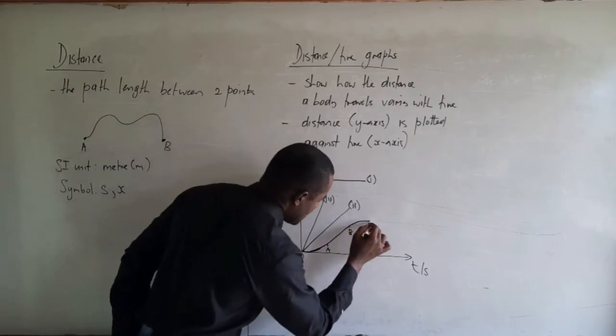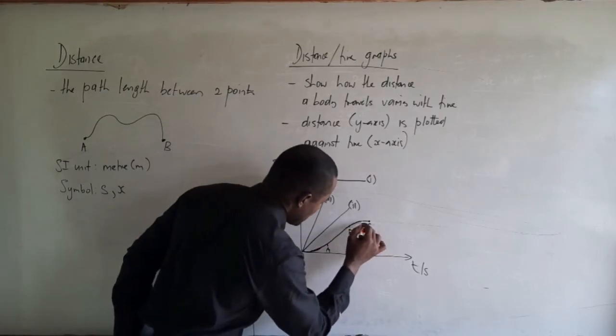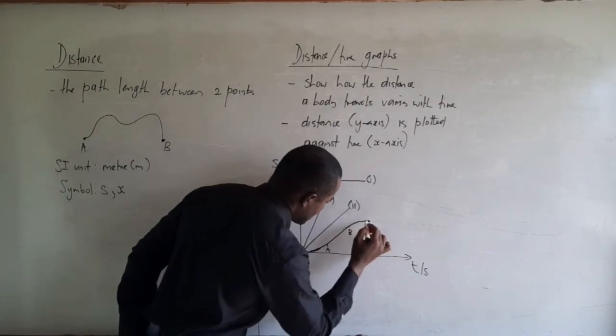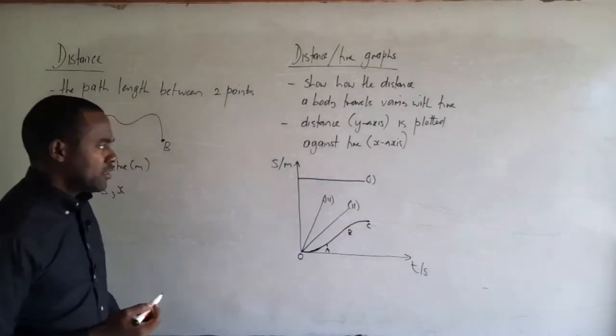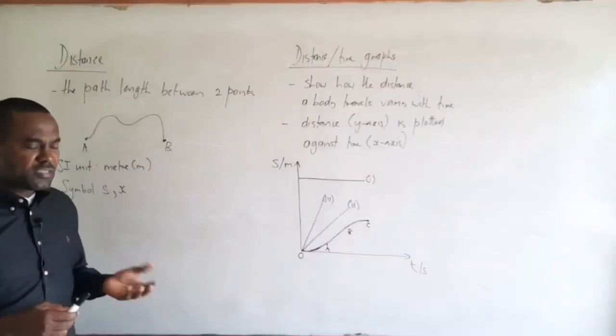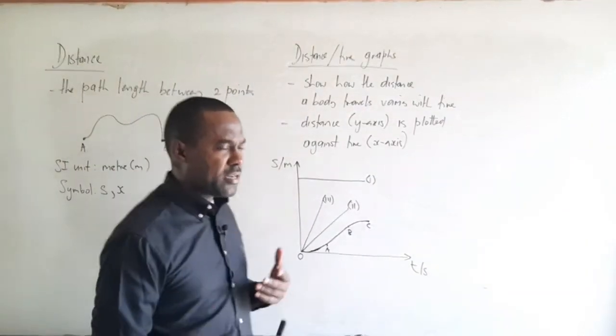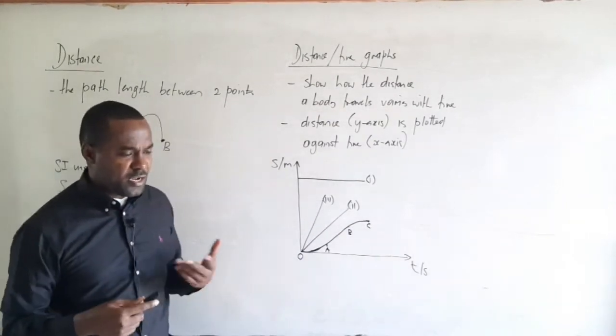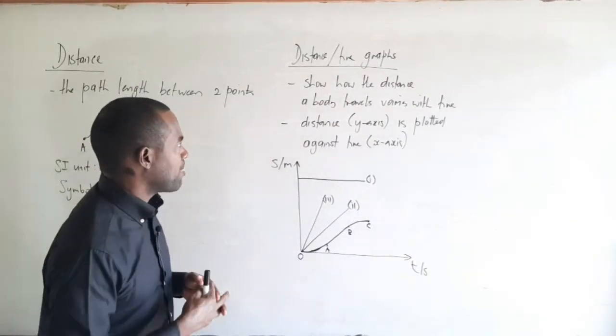And at C, it starts to curve again, and at C it becomes flat. So these are some examples of distance time graphs, and we'll examine each and use them to determine the state of motion of the particular body.